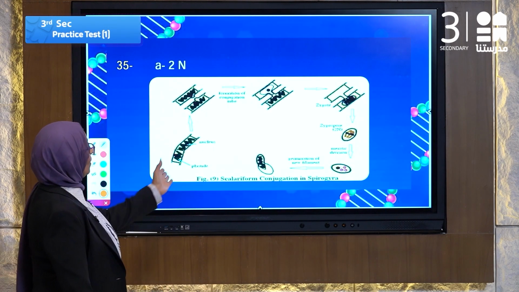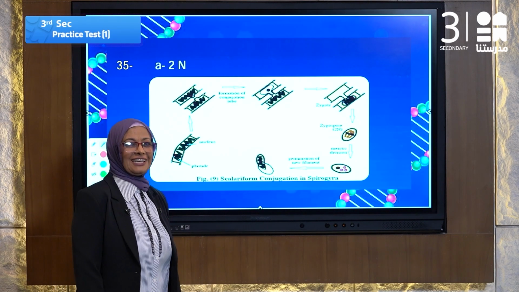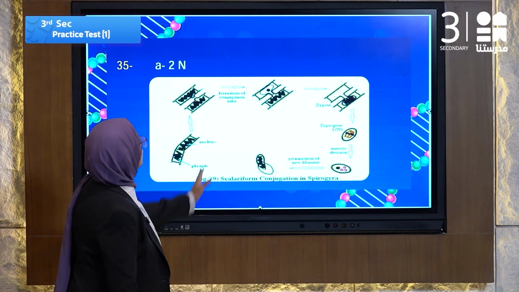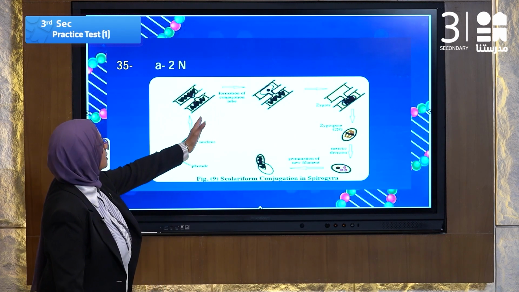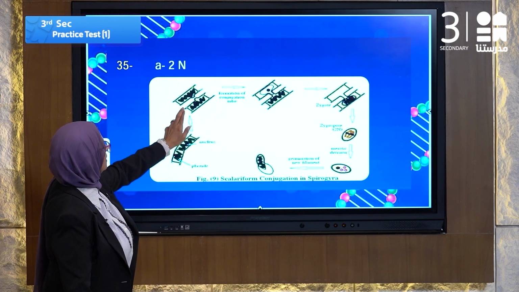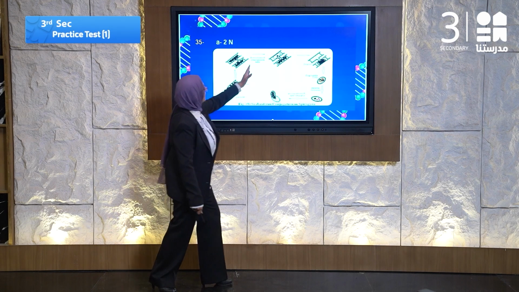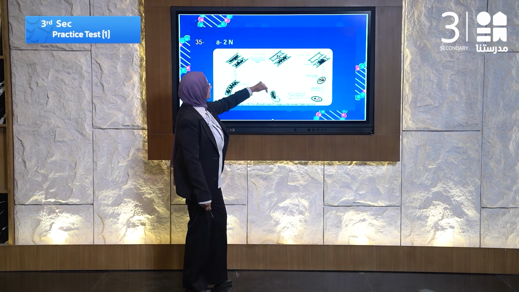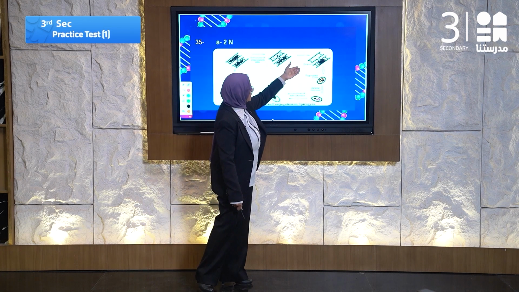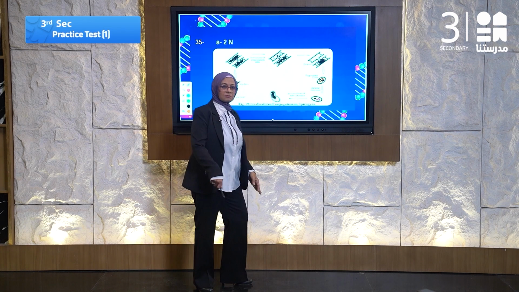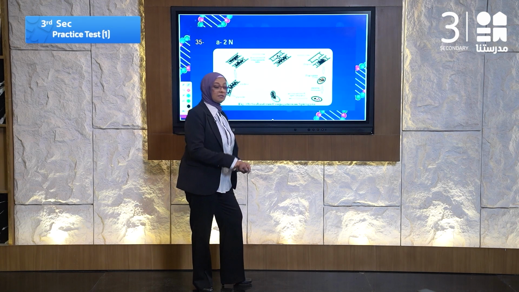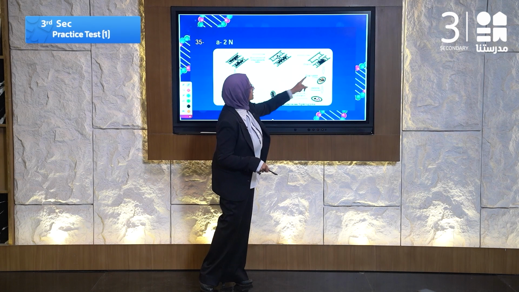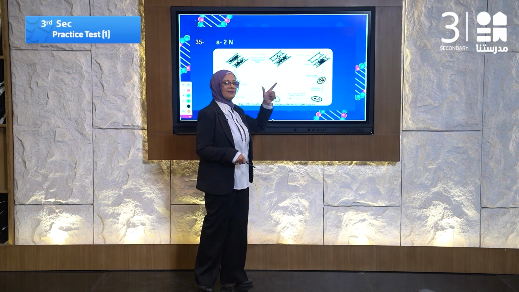Conjugation in Spirogyra: formation of a conjugation tube. Two Spirogyra filaments come together, and the content of one cell moves to the other cell, forming a zygote. The zygote makes a very strong wall around itself, forming a zygospore that contains 2n.